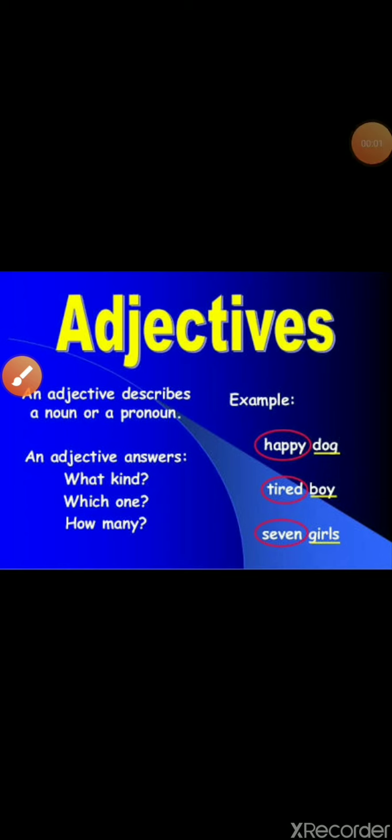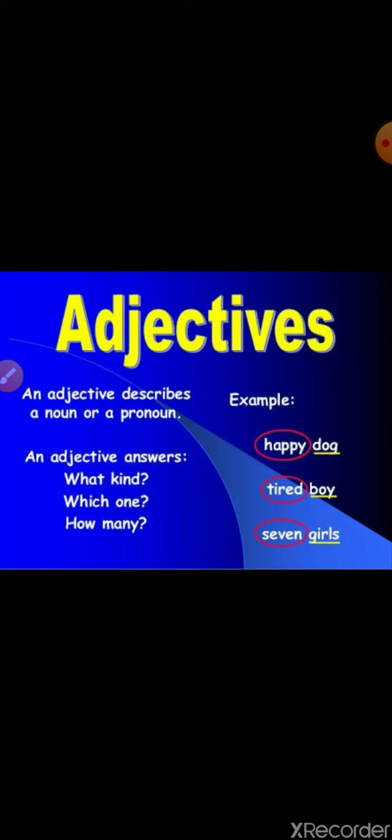Let's recap the definition of adjective in simple English. An adjective describes a noun or a pronoun. Look at the example, you will understand very fast. An adjective answers what kind, which one, how many. Examples on the side: happy dog, tired boy, 7 girls.